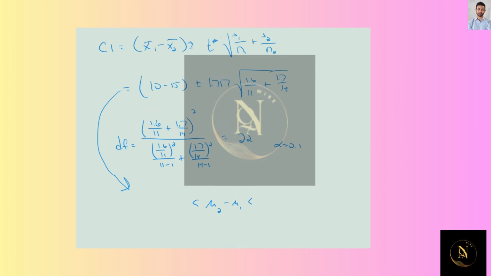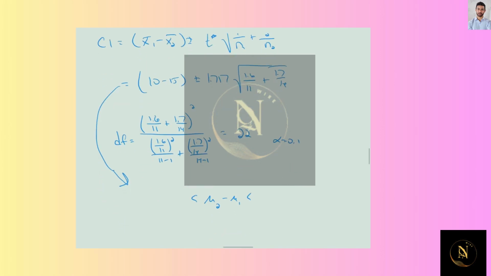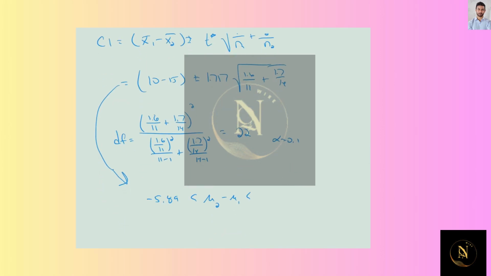So the lower boundary would come from subtraction, which would be -5 minus 1.717 times the square root of 1.6 over 11 plus 1.7 over 14, which would be -5.89 to two places, to -4.11.